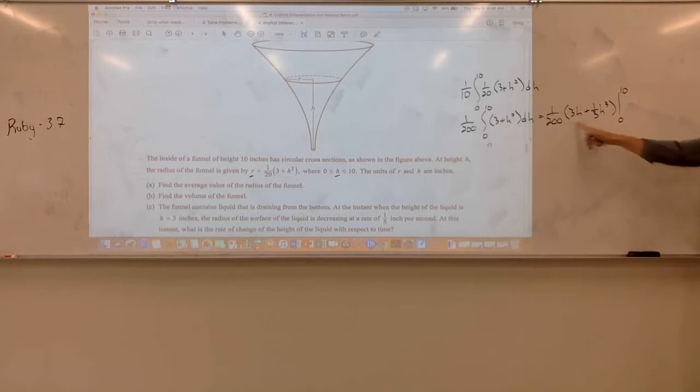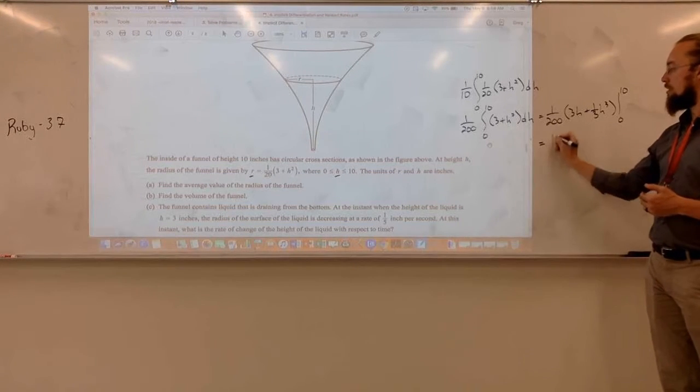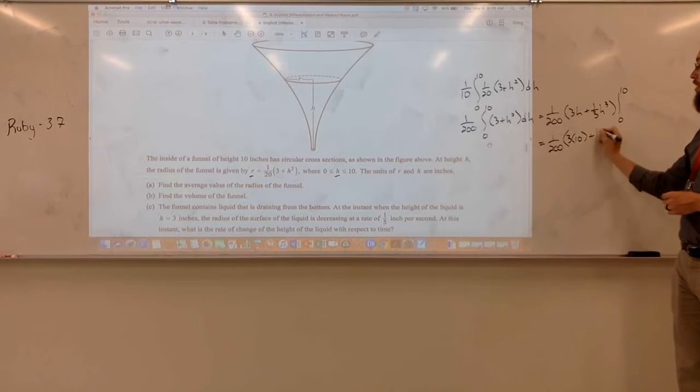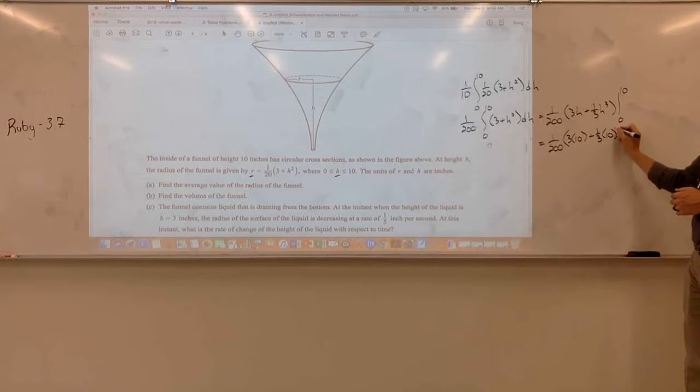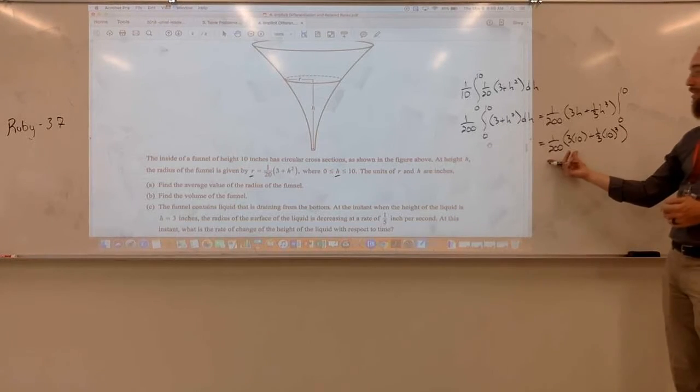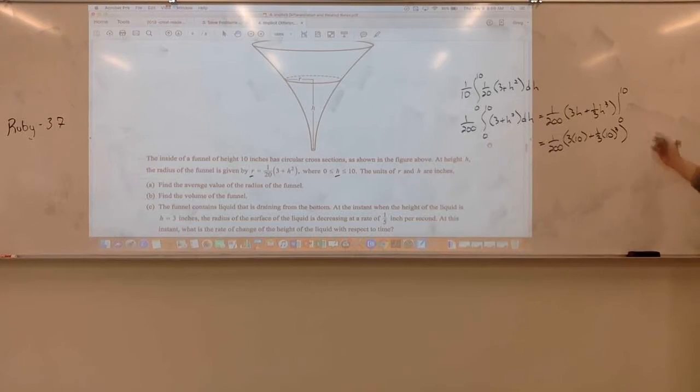Obviously if I plug in 0, everything's going to be 0, so really all I need to do is plug in 10. So 1 over 200 times 3 times 10 plus 1/3 times 10 cubed. That's it. Do not do the arithmetic. So what would my units be here? Inches. This would be the average value of the radius.